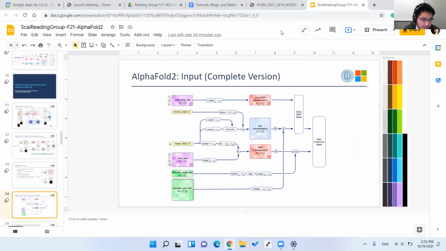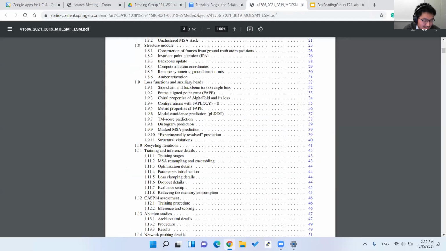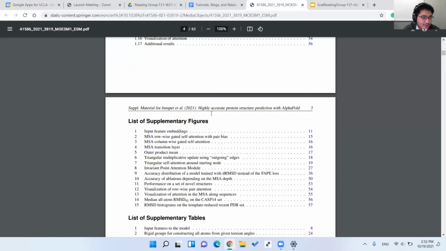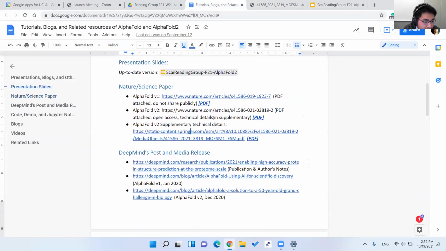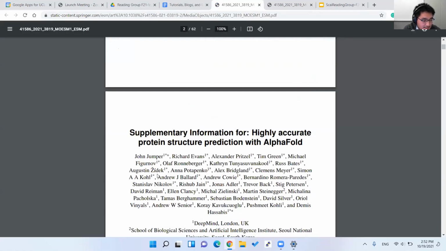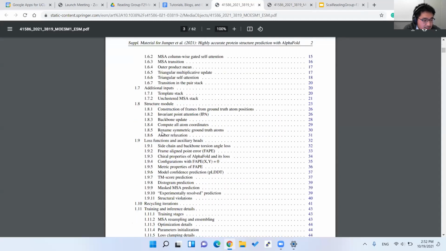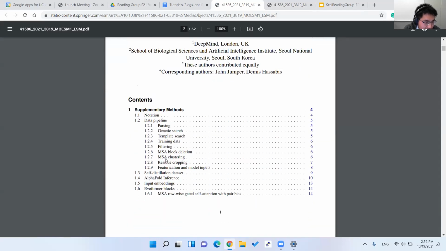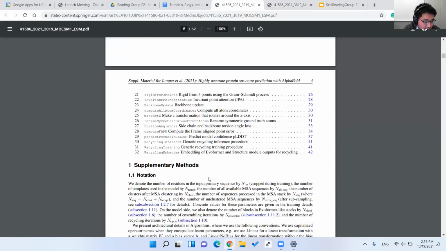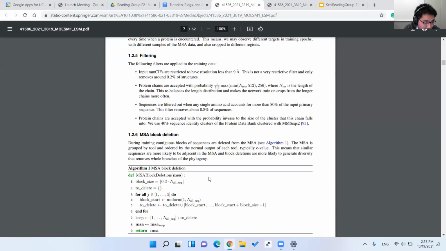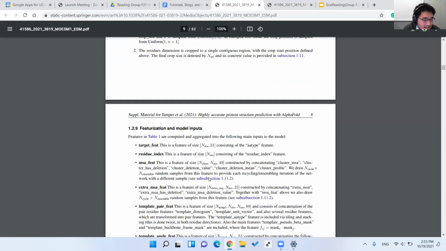And what are the features? This is out of the machine learning part, but I can point out, sorry, let me. It should be in this, yes. In this 62 pages, they have the data pipeline here, and featurization and model inputs. Let me point out some important features here.